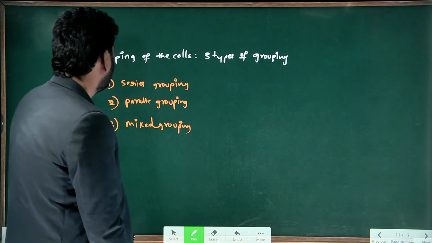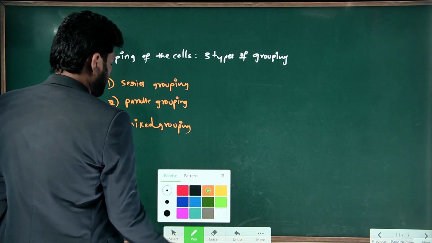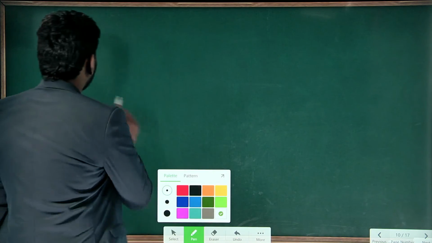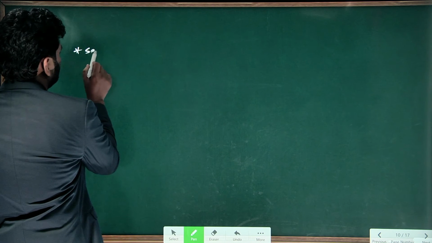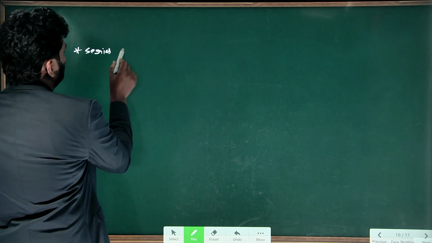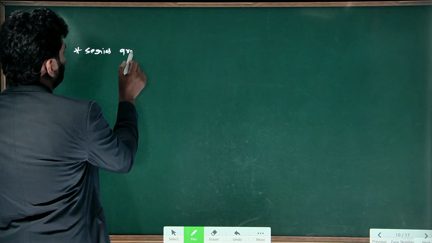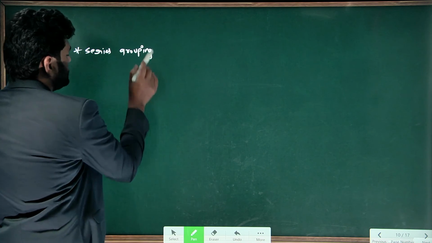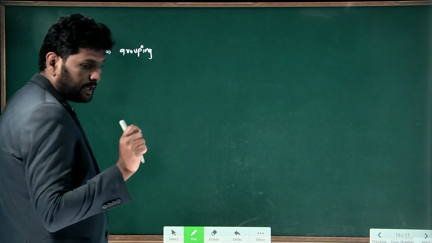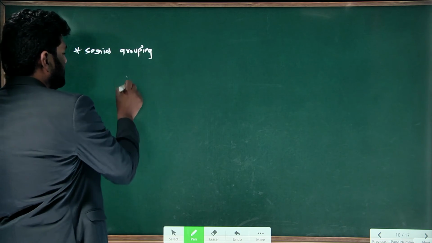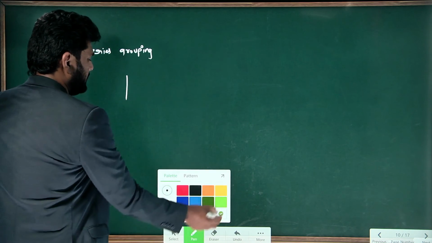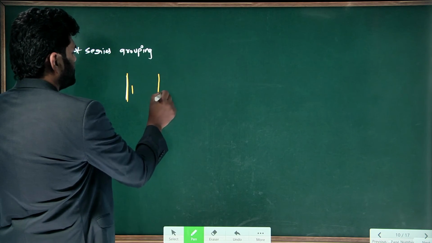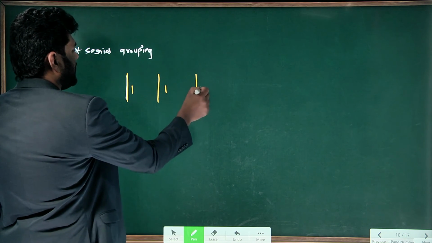Understand? Let us see series grouping first. For that, I will take three cells here: first cell, second cell, third cell.